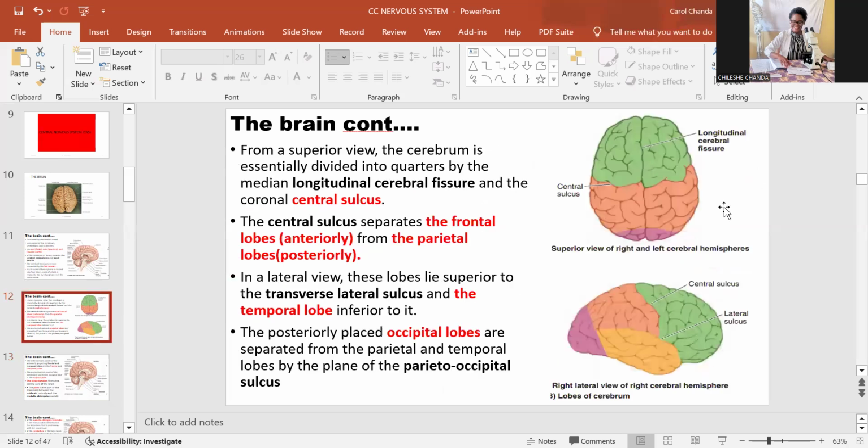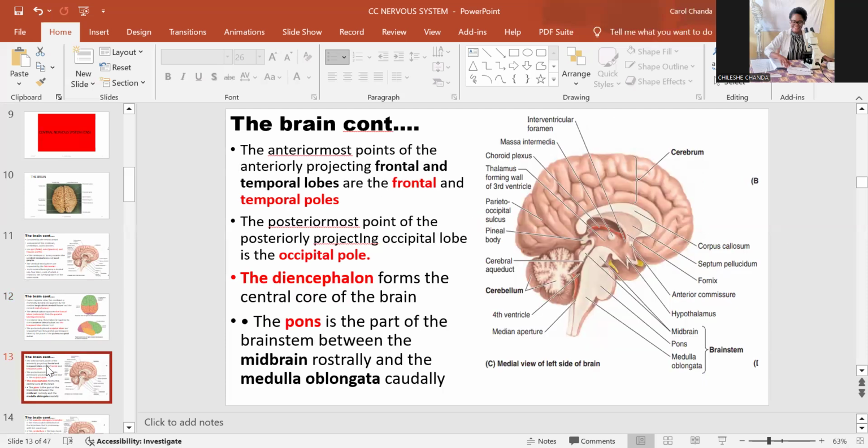Okay, so if you look at this picture, you are going to notice that this is the posterior aspect, this is the anterior aspect. The frontmost part, that is the frontal pole, and the frontmost part of the temporal lobe is the temporal pole. The posteriormost part is what is going to form the occipital pole.